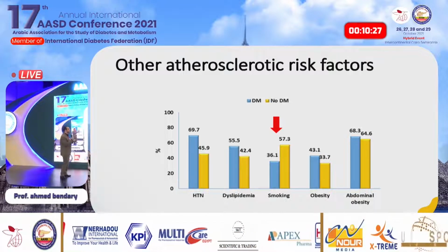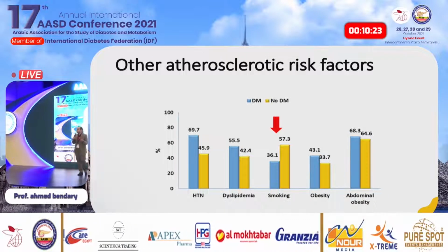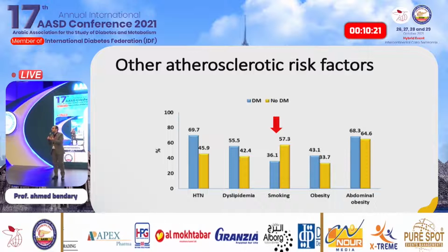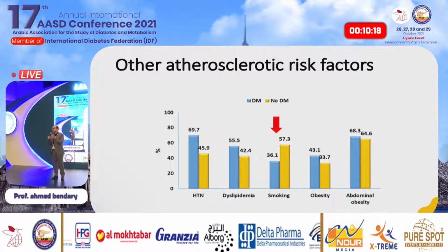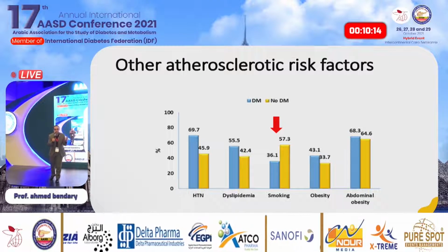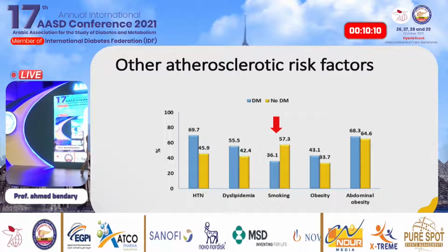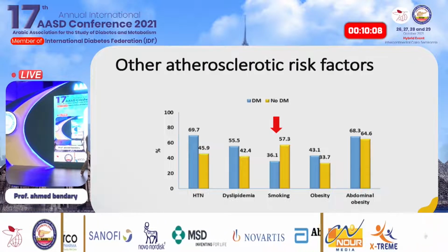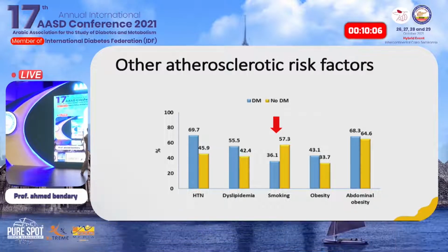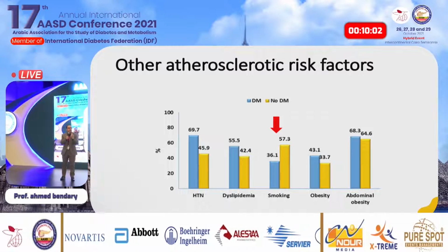And this could appear strange at first sight, but it could be explained by the fact that diabetic patients may have had a chance for better smoking cessation educational programs and so on, and this is why the smoking prevalence was significantly less in diabetics compared to non-diabetics, because let's say that smoking is a voluntary act.